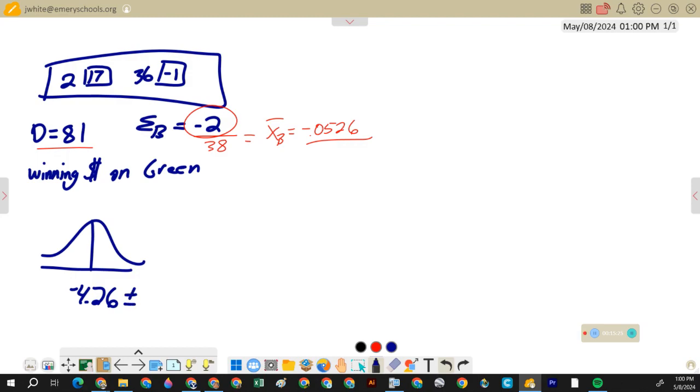So negative 4.26 plus or minus. What SE are we going to use in this case? Are we doing percentage? No. Are we doing average? No. We're doing total winnings. So SE sum. So we're going to times this by the square root of 81. Nope, no, not that. I need the SD. So 17 minus negative 1 times the square root of 2 over 38 times 36 over 38. So that's 18 times this.